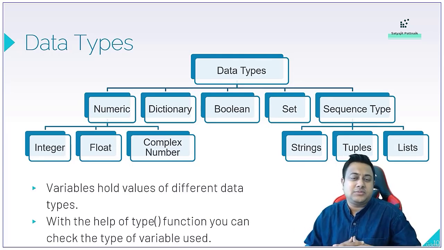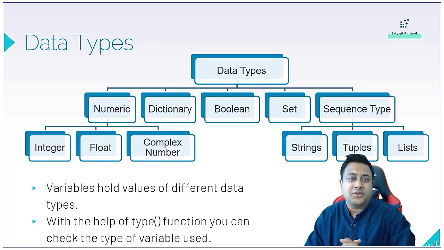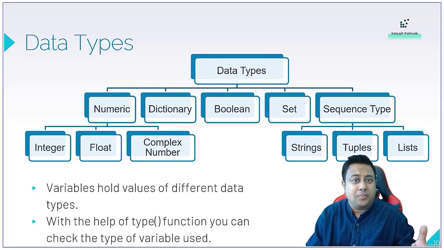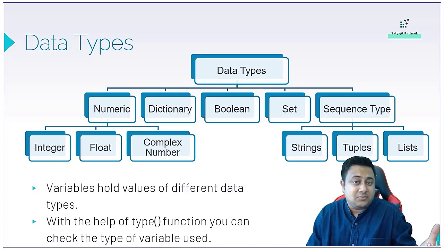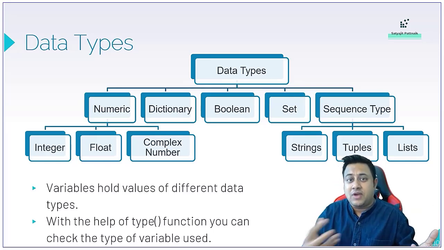Talking about data types, it is broadly classified or divided into 5 different categories. One of them is numeric, which basically holds numbers. We have dictionaries, which hold data in the form of key and value pairs. For example, you have customer ID and the customer name. Customer ID is unique in nature, so they are stored as keys, and the names are stored as values.